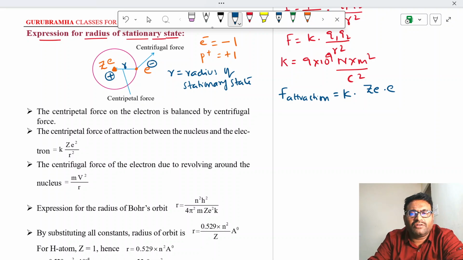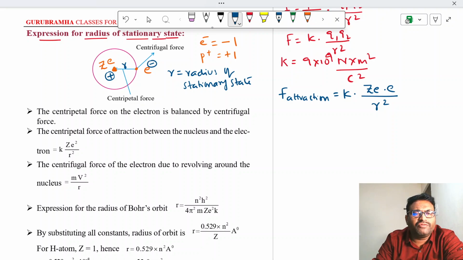So Q1 becomes Ze and Q2 we take as E. Ze is the charge of the nucleus and E is the charge on an electron. Then by r square, where r is the radius of the stationary state. This force of attraction is also called the centripetal force.